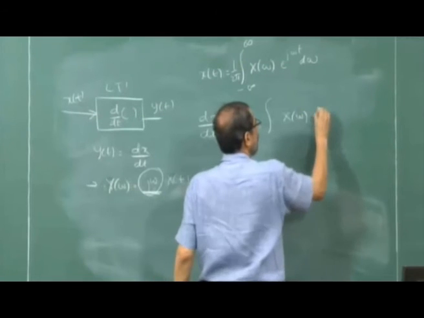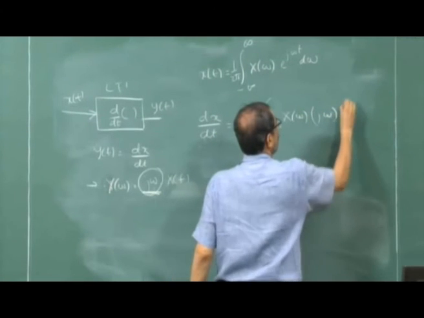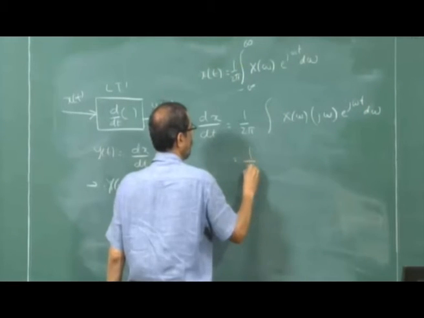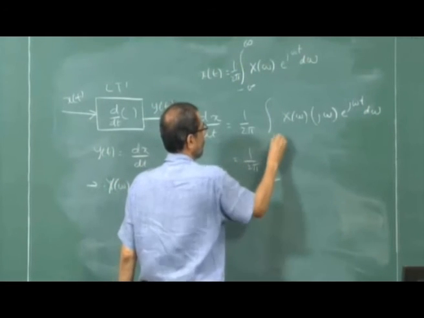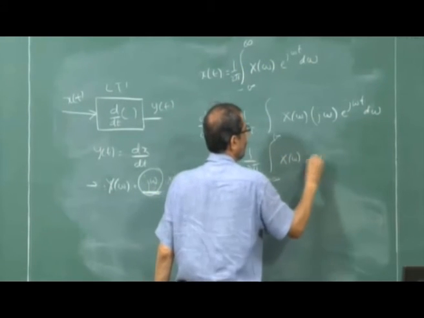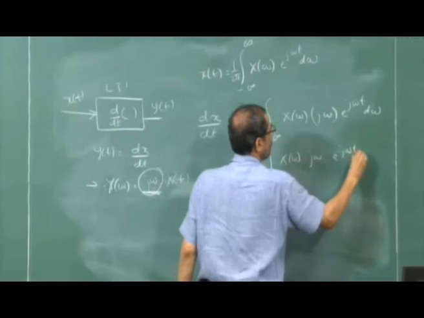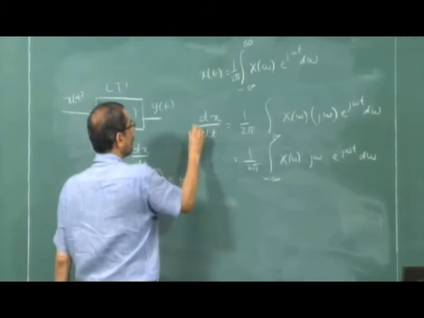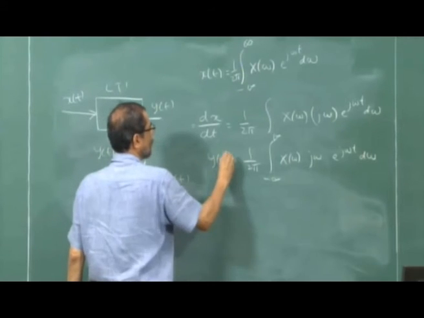This is j omega e raised to j omega t d omega. So that's equal to 1 by 2 pi integral of x of omega j omega e raised to j omega t d omega, and that is y of t.